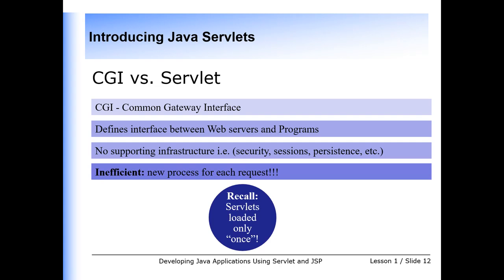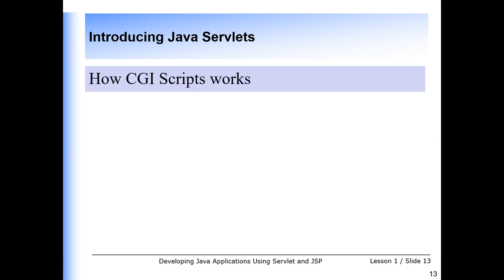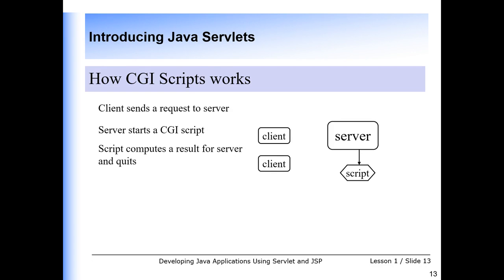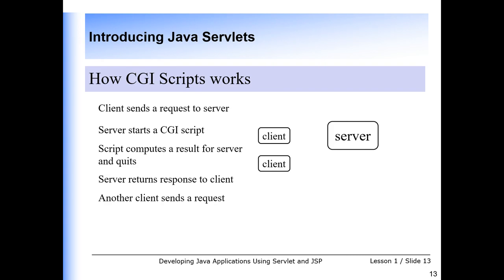Let us understand this with the help of the working process of CGI and servlet. Now we will see how CGI scripts work. We have client and we have server. Client sends a request to server. Server starts a CGI script. Script computes the results for server and quits. After this, server returns response to the client, and another client sends a request to server.